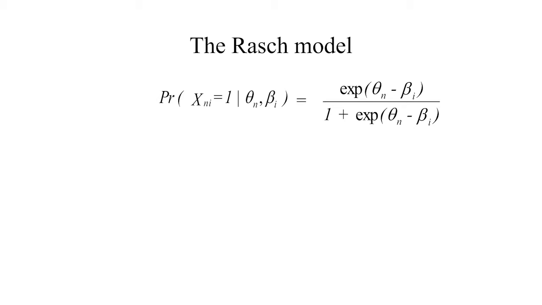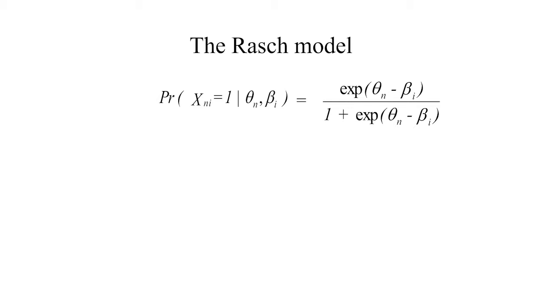So the theta is the proficiency level, and the beta is the item difficulty. So the difficulty subtracts from the proficiency. And in that model, you get the probability of a correct response, so the probability that the outcome variable X of a person n on item i is 1, that the person gets it correct, and it depends on ability or proficiency, you could call it, and item difficulty.